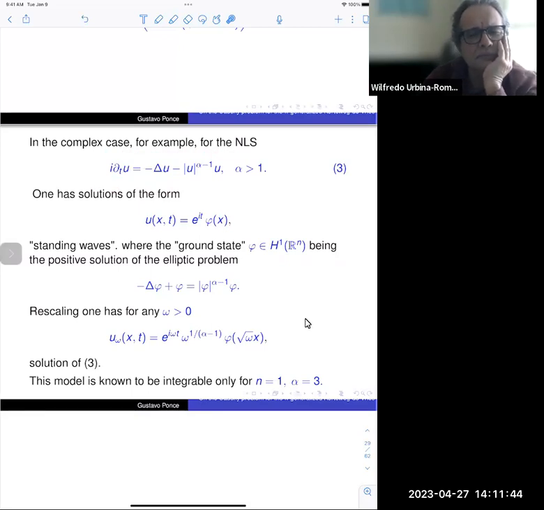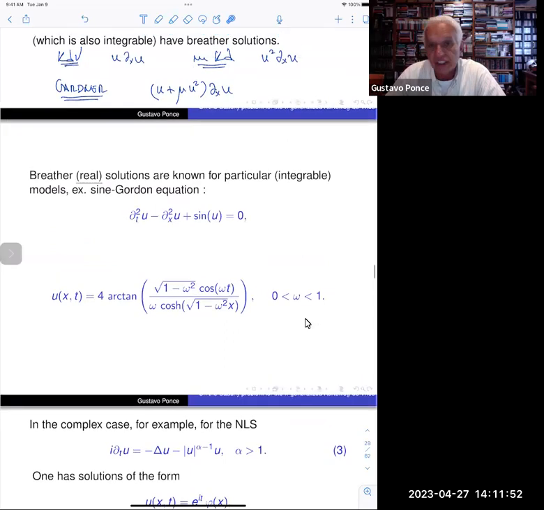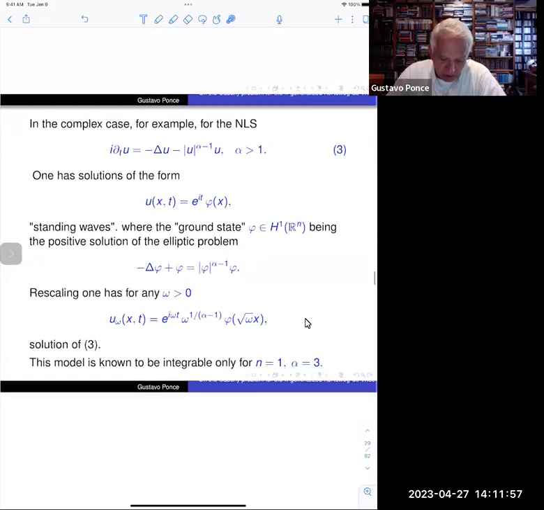We mentioned the KdV, the solution is real. The solution for the Sine-Gordon is also real. But if you allow complex solutions, then you have plenty more. For example, this NLS, right?